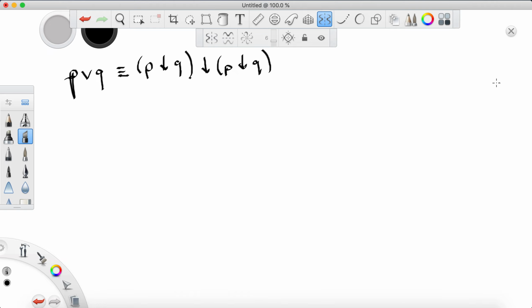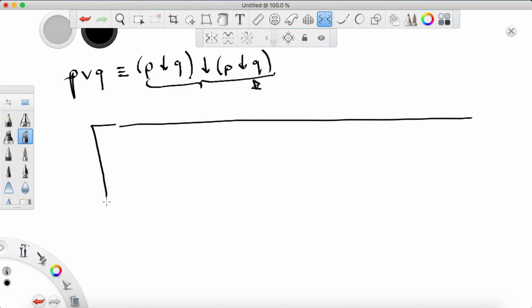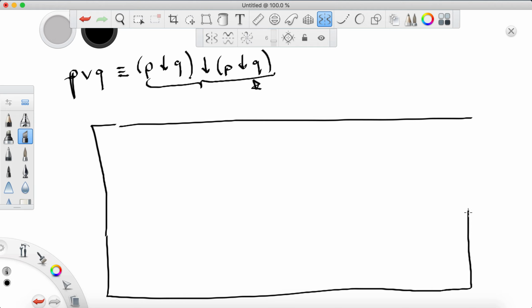Okay, one more time. I'm going to call this thing right here star. That way it's easier for me to draw it. That's not a logic thing, that's just a shorthand.